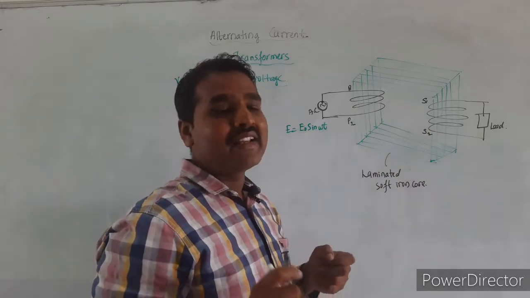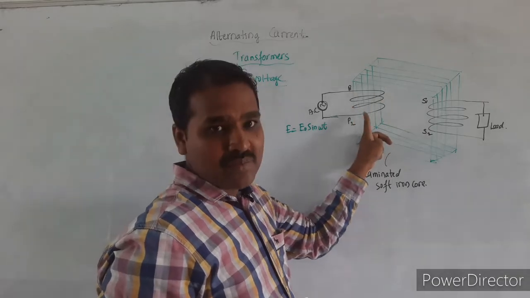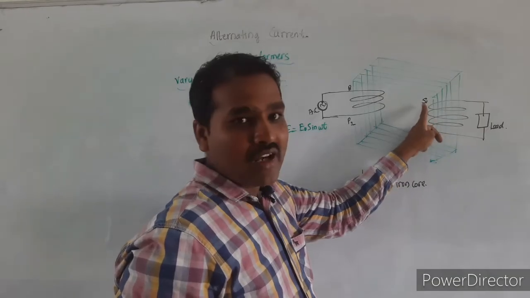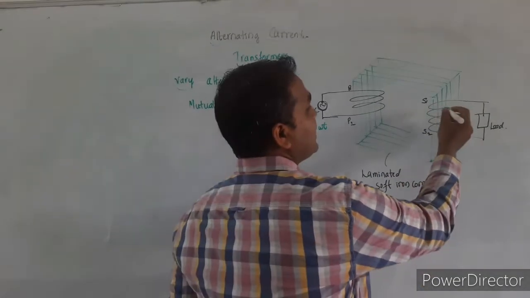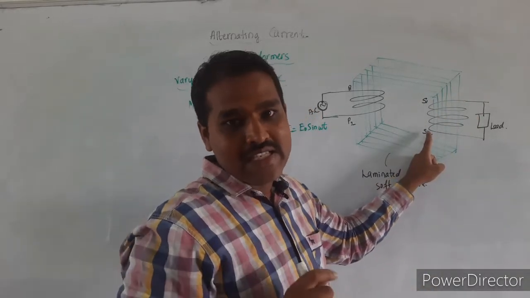So we are neglecting flux leakages. Whatever magnetic flux is induced in the primary coil is also linked with the secondary coil S1, S2, and it is also continuously changing.